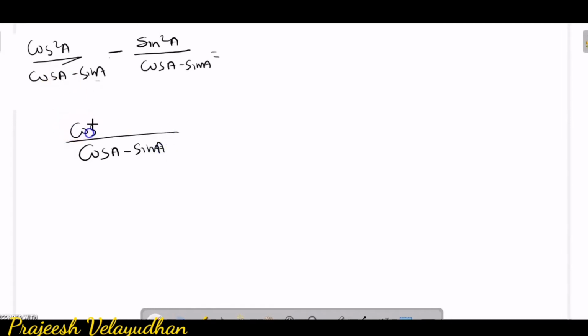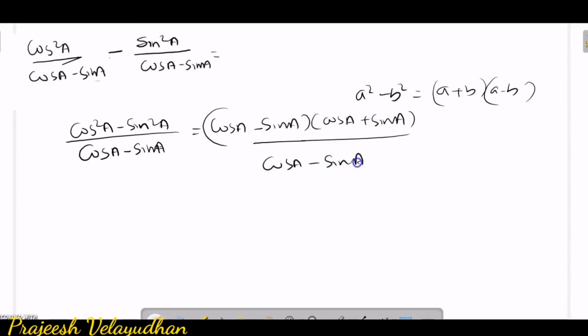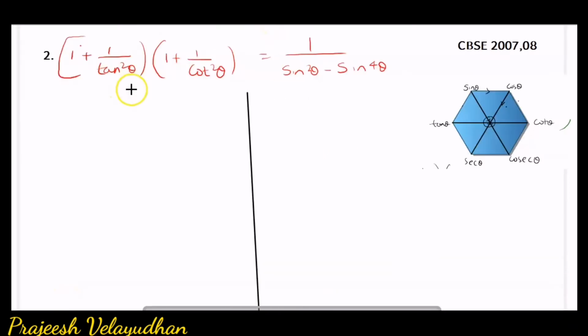So now we can subtract: cos square A minus sin square A. What is cos square A minus sin square A? We know A square minus B square equals A plus B into A minus B. The same identity we can use here: cos A minus sin A into cos A plus sin A upon cos A minus sin A. This we can cancel, so the result is cos A plus sin A. So we proved it is equal to RHS. LHS is equal to RHS.